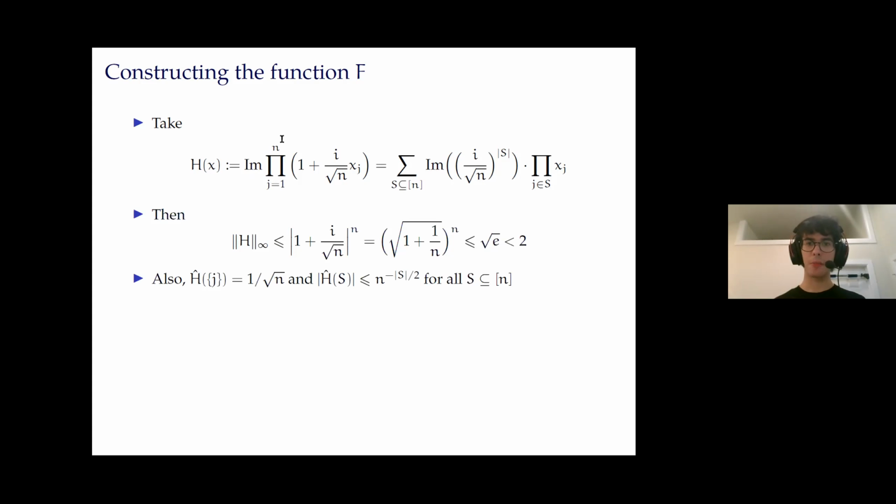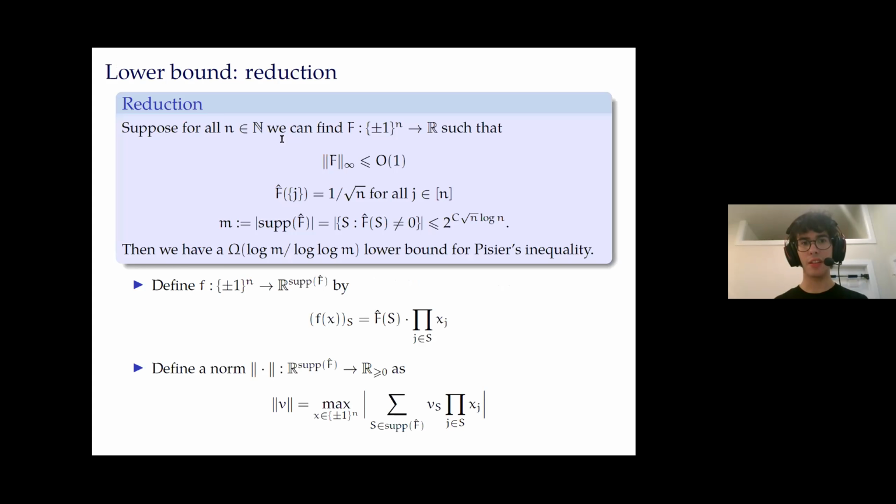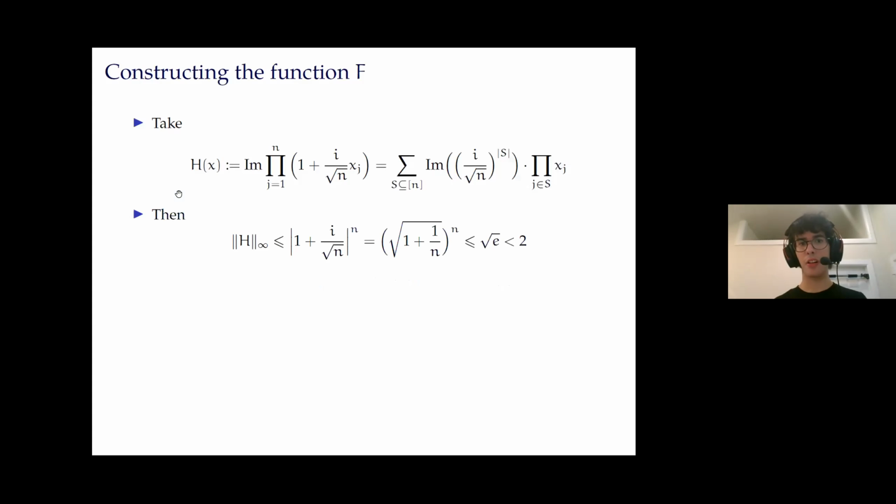And the large terms are very small, they're at most n to the negative side over 2. And I guess this does not work yet, because if you recall here, we wanted the support to be small. The support only needs to be 2 to the square root n log n, and here the support is potentially 2 to the n.